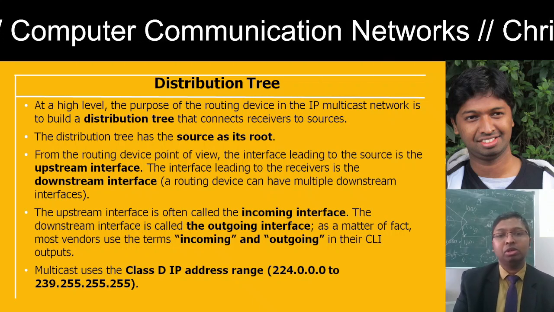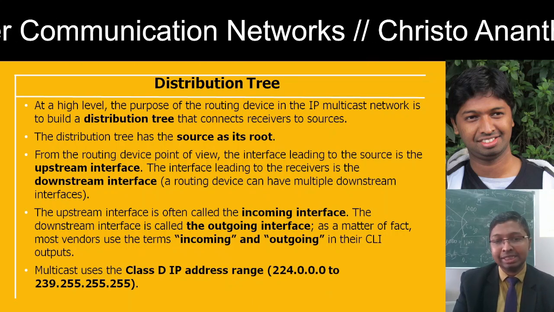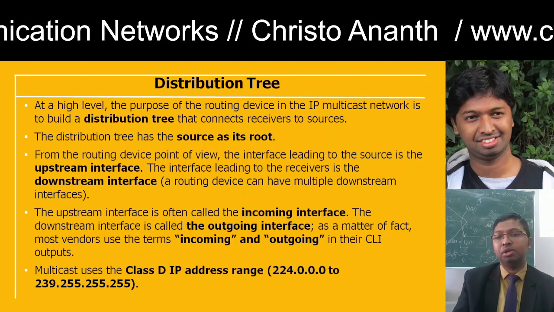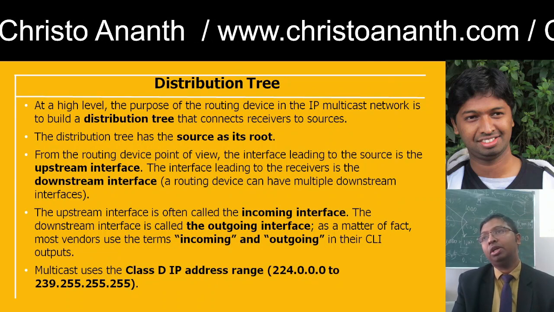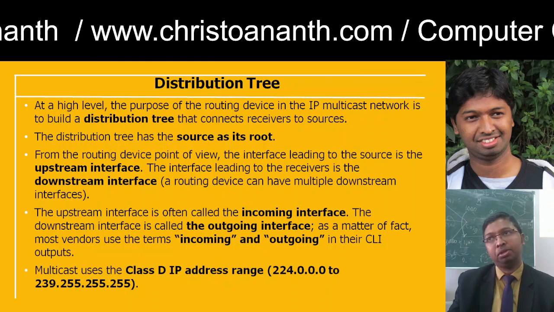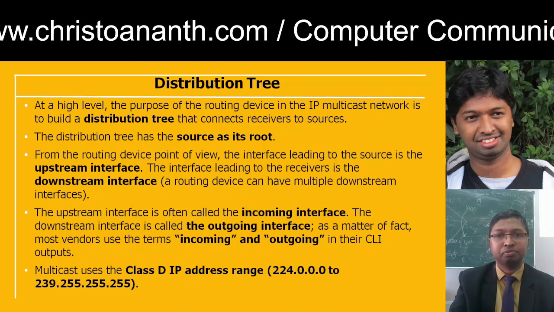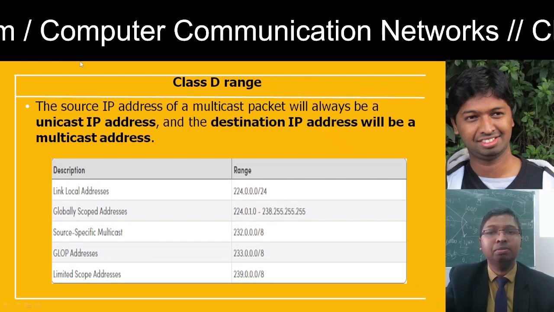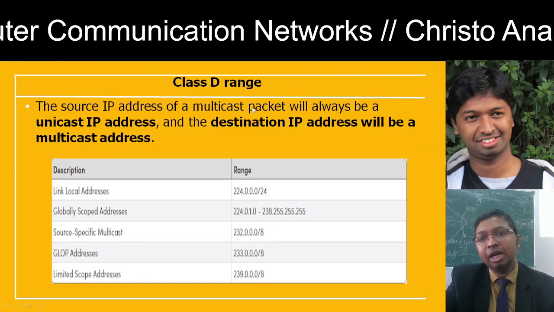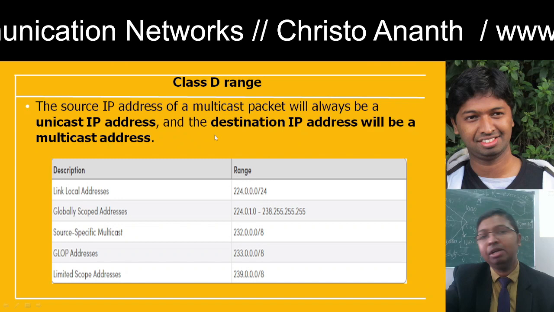Okay, so here multicast uses the class D IP address range, from 224.0.0.0 to 239.255.255.255. So this is the class D range. You will have a unicast source IP address, and the destination IP address will be a multicast address.